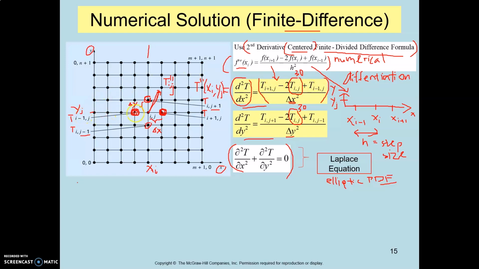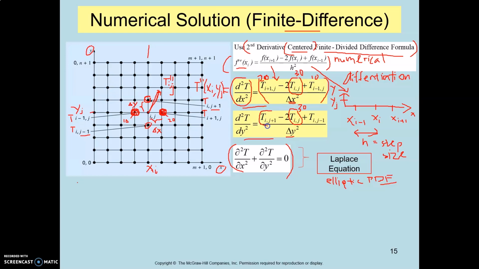You can find them on the left and the right here. So let's say the temperature is given as 10 on the left and 20 on the right. So you should have 20 here and 10 here.